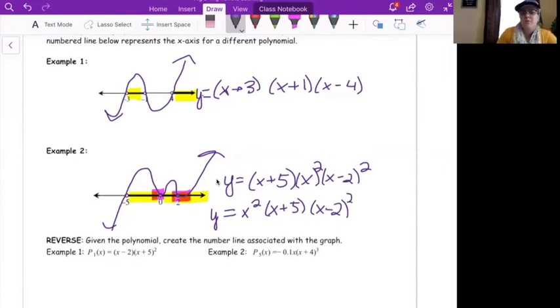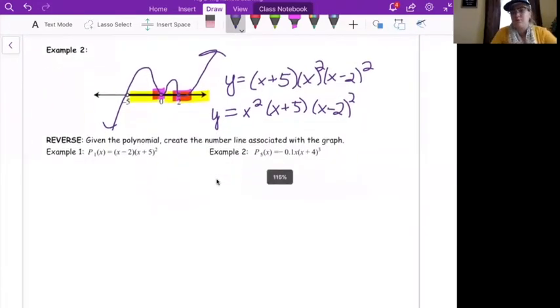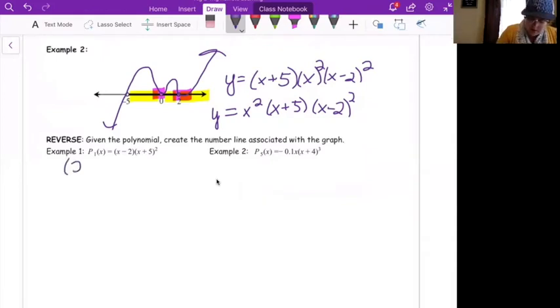Okay, so now when we're going from the equation to that number line, it can be a little bit trickier. And so what I would suggest doing is making a quick sketch of the graph similar to what we did in 8.1.2 part 1, the previous video. So we know that our x-intercepts are going to be at 2, 0 and at negative 5, 0.